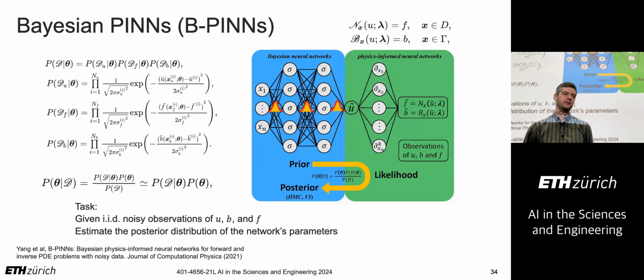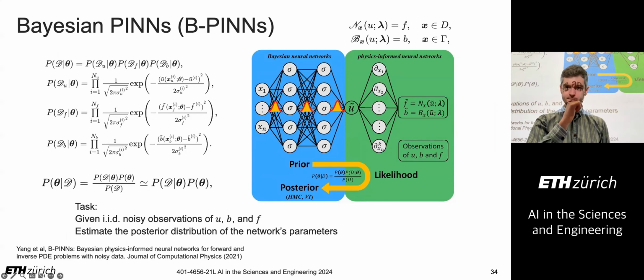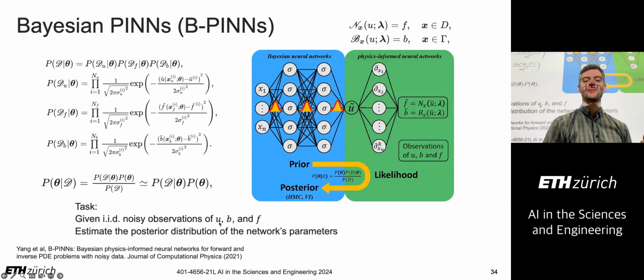Okay, so let's talk about Bayesian PINNs, and this is a technique proposed by this paper. What we want to do is frame this problem of solving the differential equation as a probabilistic task rather than just learning a single solution. So what do I mean by that? The task that they imagine in this paper is to have, instead of exact measurements of the solution, the boundary values, and maybe the forcing function in the PDE, noisy ones.